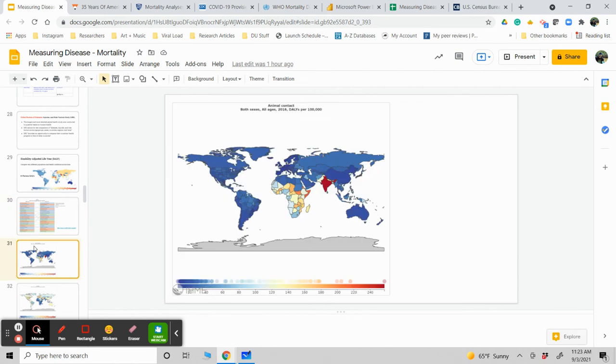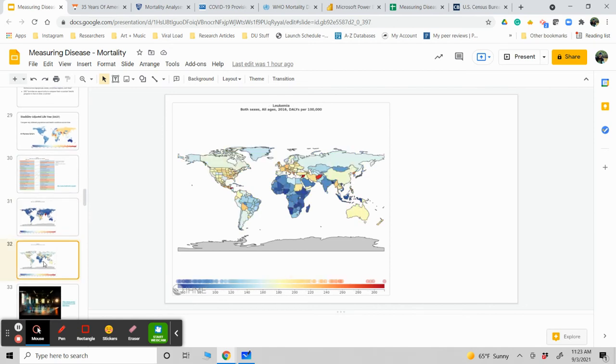Just to show what this can do, here are the DALYs due to animal contact, which I think is fairly specific. But you can see that India contributes the most DALYs from injury and death due to animal contact. So I'm assuming they include snake bites and things like that. This is a map of leukemia DALYs.